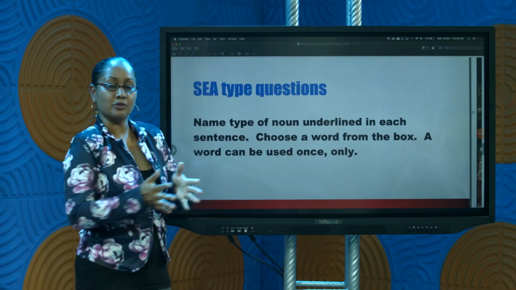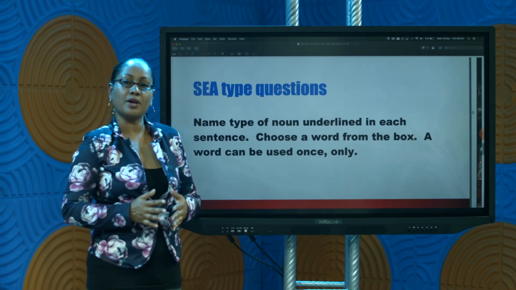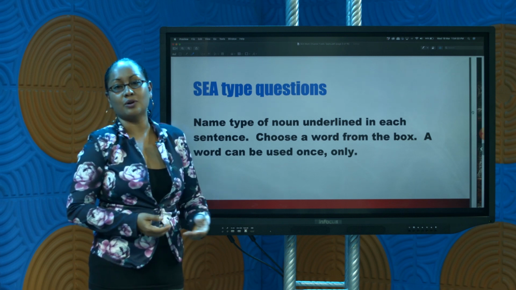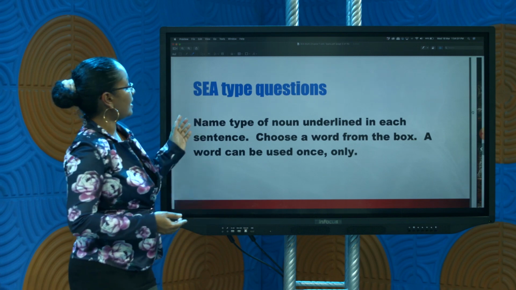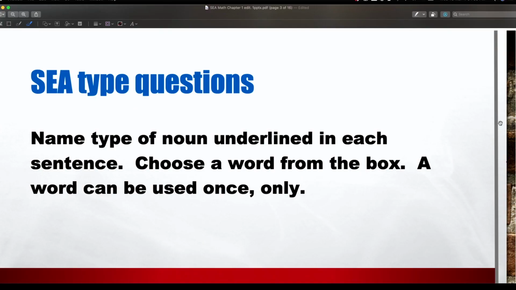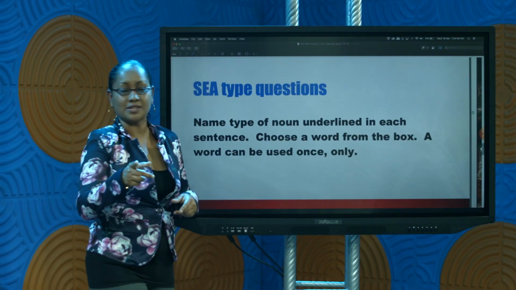Based on our video tutorial on nouns, let us now go to exactly how we are going to apply common nouns to our SEA practice paper. So let's look at our SEA exam type questions. This is what your child and parents are going to see when they open their SEA papers. So take careful note as well.